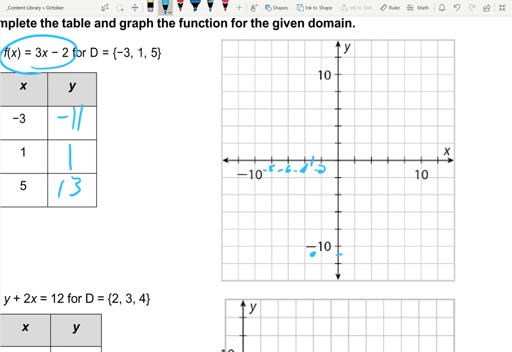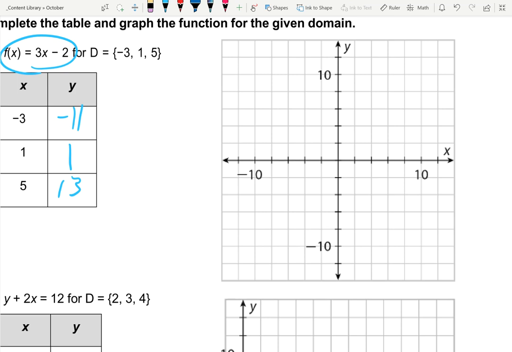So it'll be about right here. Okay? If it helps to label these, then I recommend you do that. So 2, 4, 6, 8, 10, 12, and -2, -4, -6, -8, -12. Right? So you can do all that, if that helps you keep count a little bit.